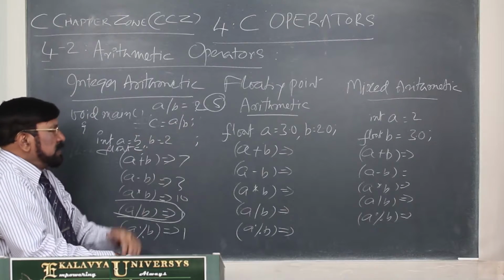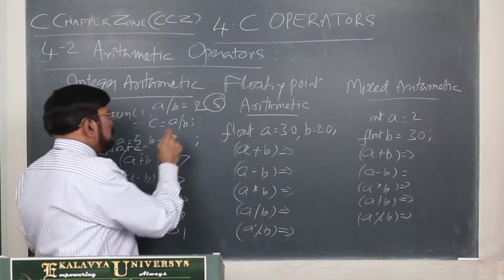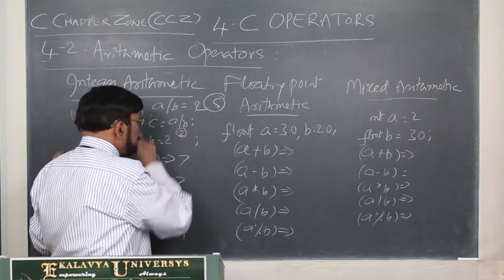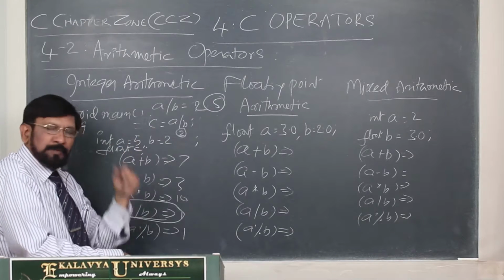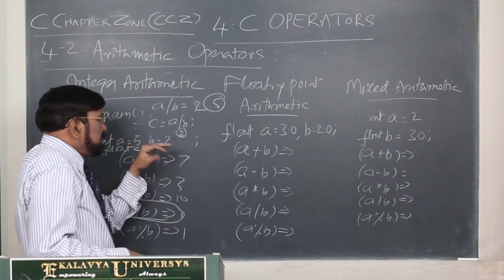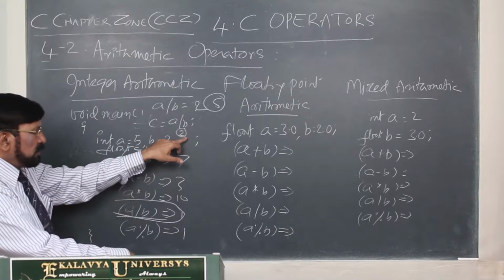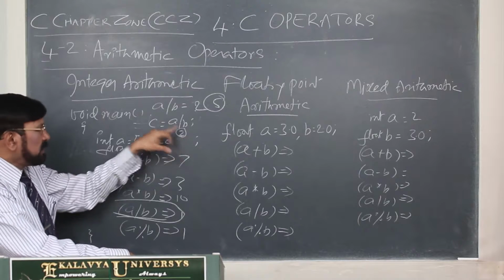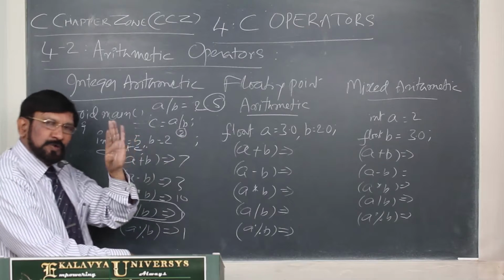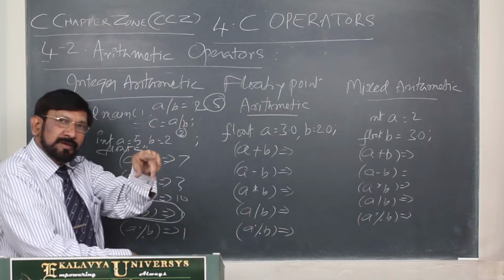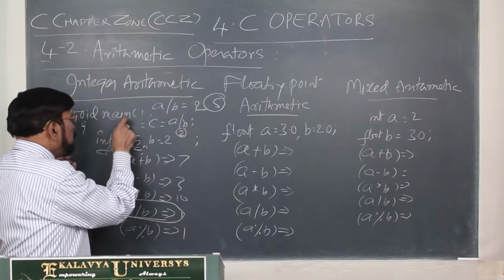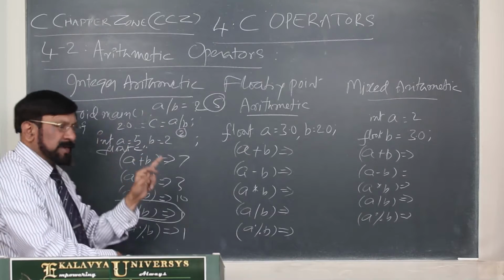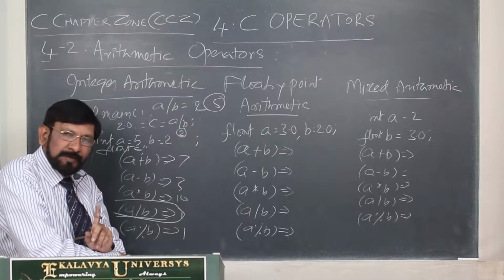Is it 2.5? No. The result generated is 2. Then you are storing it into floating point. It was originally stored in 2 bytes, and because of that, it is stored in 4 bytes in floating point form. That's why it will become 2.0. It never becomes 2.5. That point you remember.